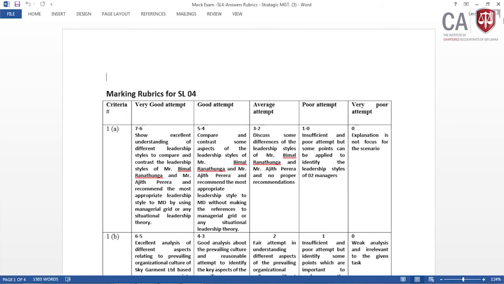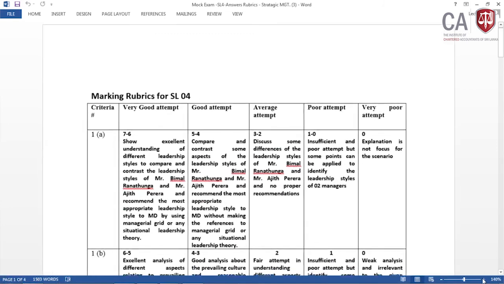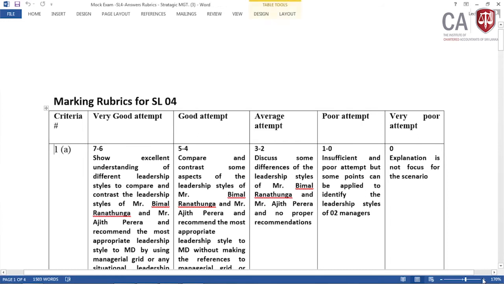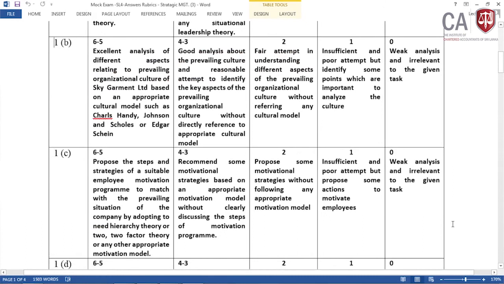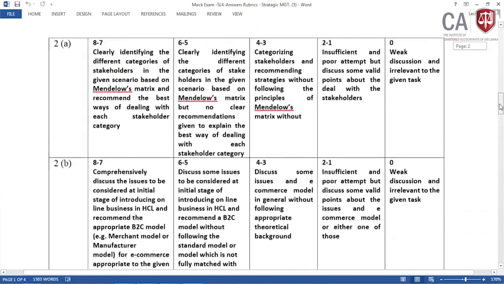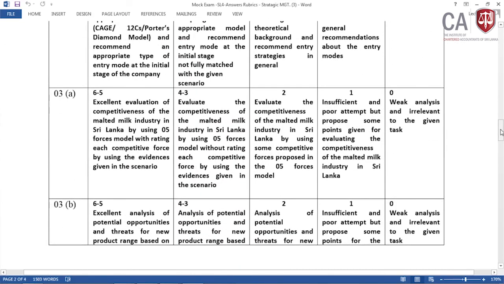So, here I discuss part of question number 3. In part A, we apply the 5 forces model.